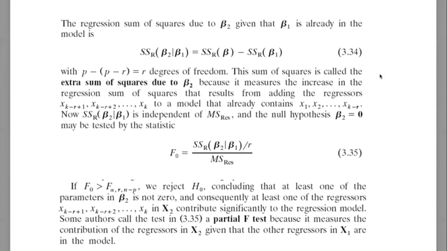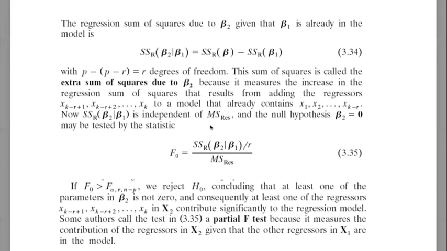This sum of squares is called the extra sum of squares due to beta 2 because it measures the increase in the regression sum of squares that results from adding the explanatory variables associated with the coefficients in that beta 2 vector. Now, this extra sum of squares is independent of the mean squares error for the full model.